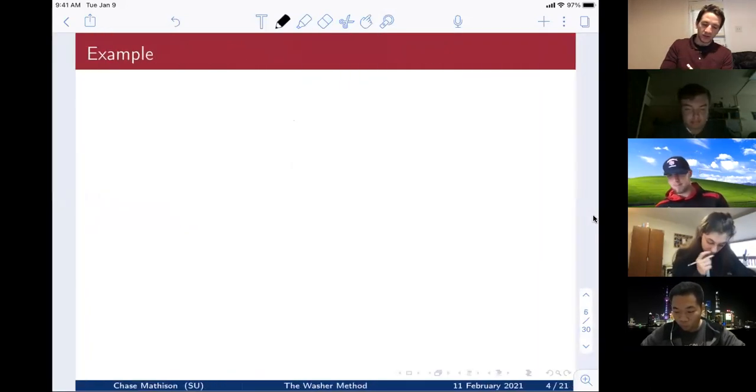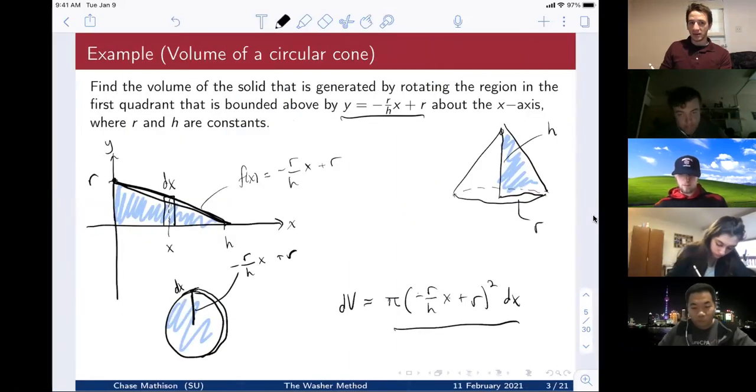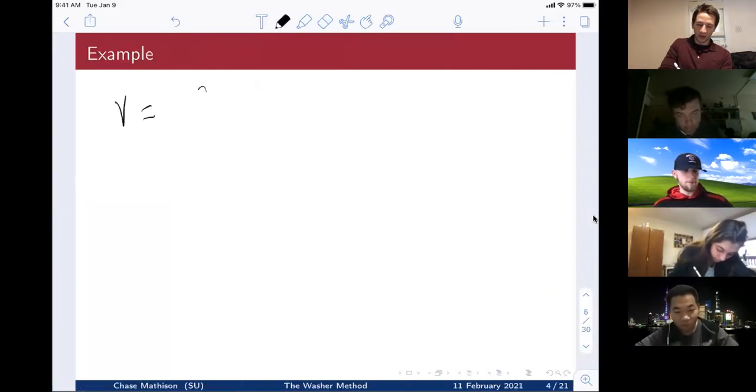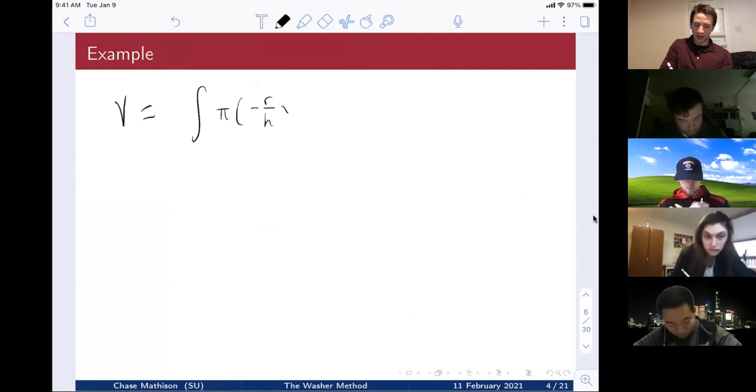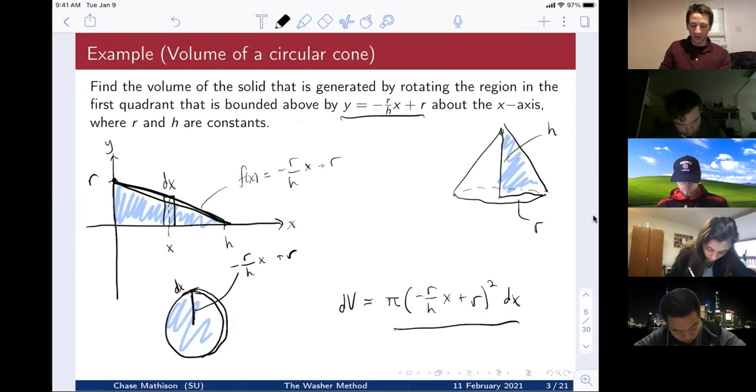So then if I want the volume of the cone, well, I can integrate this. I'm going to integrate pi times (negative r over h x plus r) squared dx. The only things I need to know now are the lower bound and the upper bound that I'm integrating over.